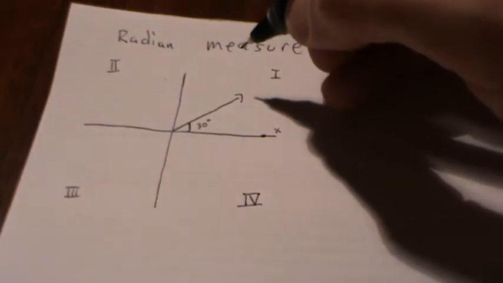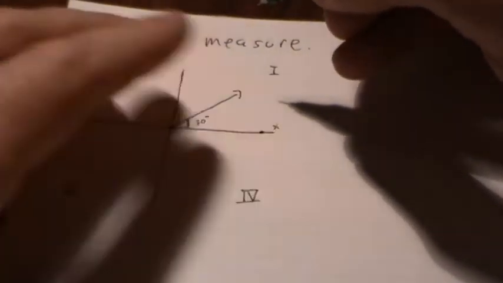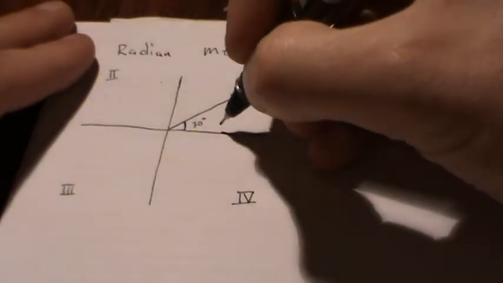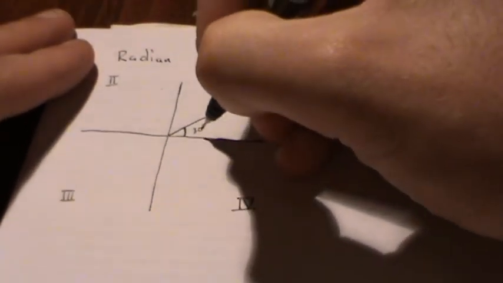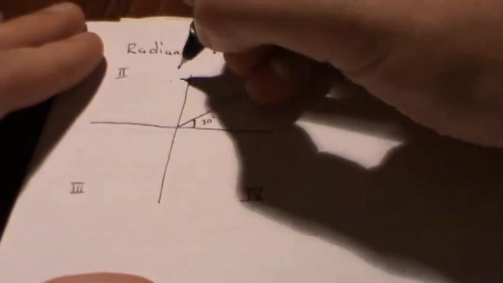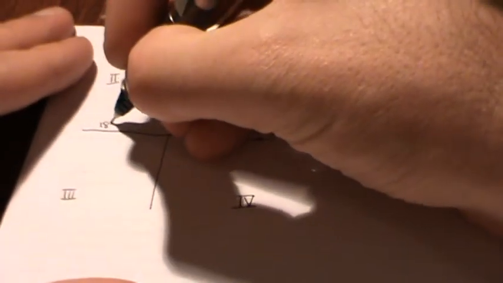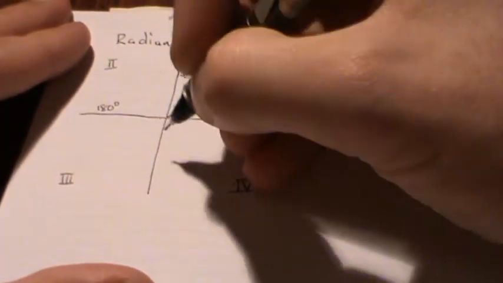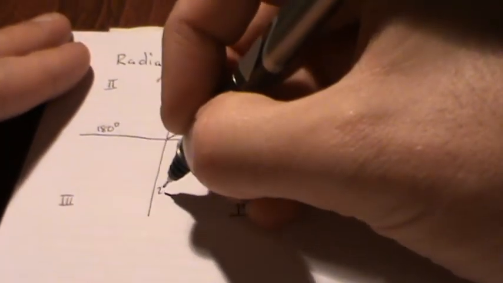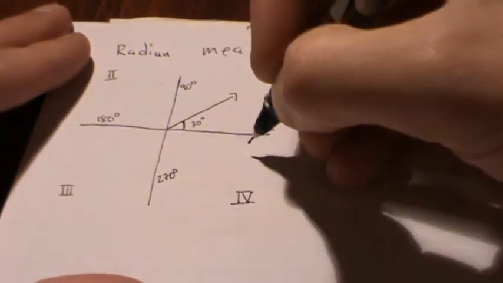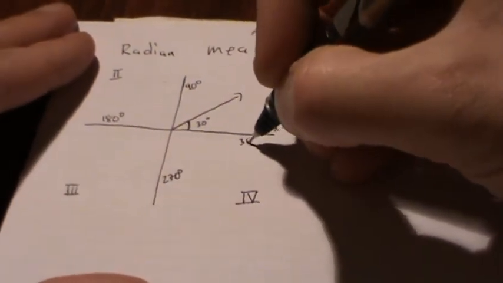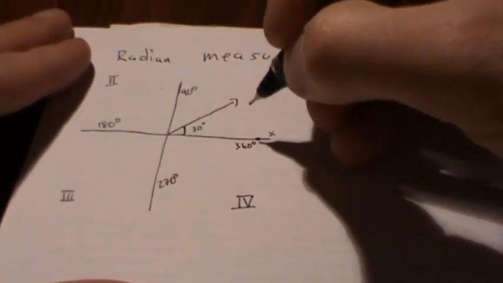That's kind of the idea. So these would be positive angles. 90 degrees would be here, 180 degrees would be there, 270 degrees would be there, and back to 360.